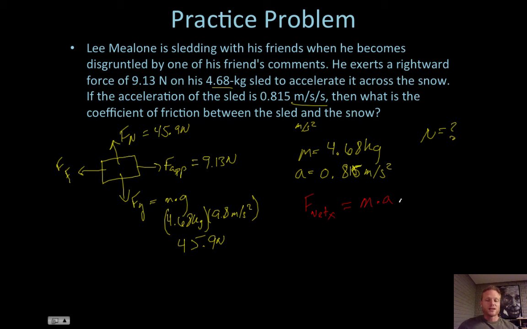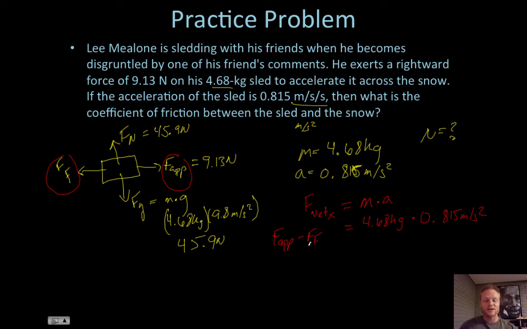Do I have an m? I do, 4.68 kilograms. Do I have an a? I do, 0.815 meters per second squared. Now, what does F net mean? Well, F net is basically the difference between F applied and the force of friction, right? So I can say F applied minus the force of friction equals this.